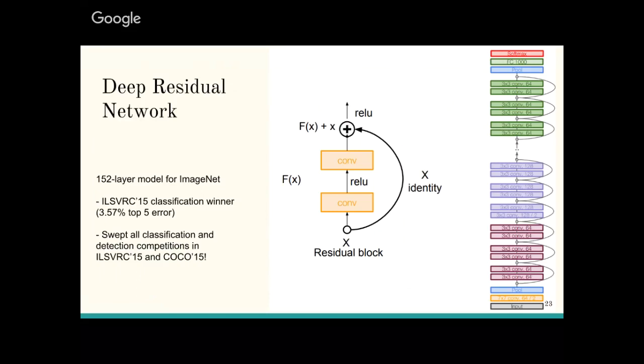So what the two middle layers are learning is the difference between what is expected and what is the input, just the really small differences, the delta x.